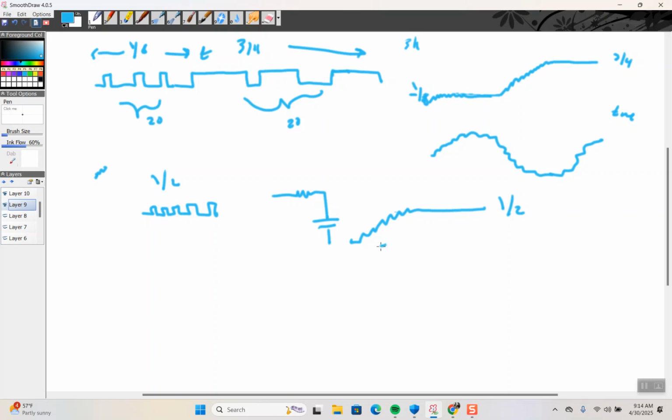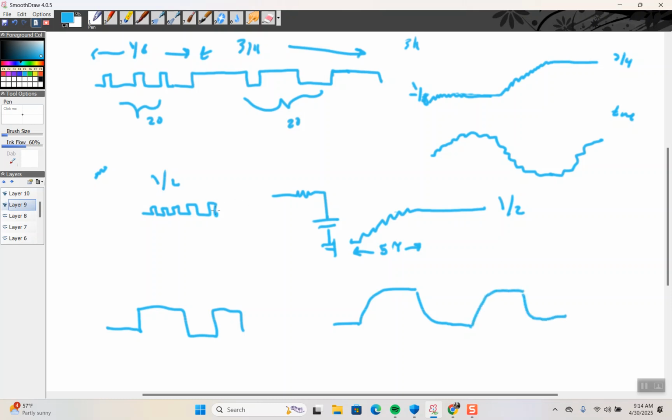And here's the thing: if it's a first order filter, it takes 5 tau to do that. Now, what if I have a slow signal? Well, you get the step response.